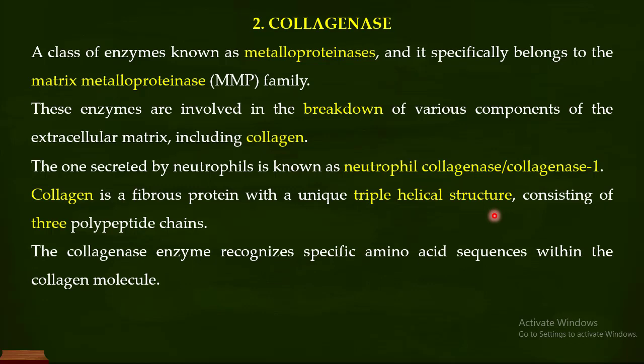Now, what the collagenase enzymes do is that they recognize specific amino acid sequences within the collagen molecule. Because collagen is a very large molecule, there should be something specific that the collagenase is going to recognize. So, what are those specific amino acid sequences?